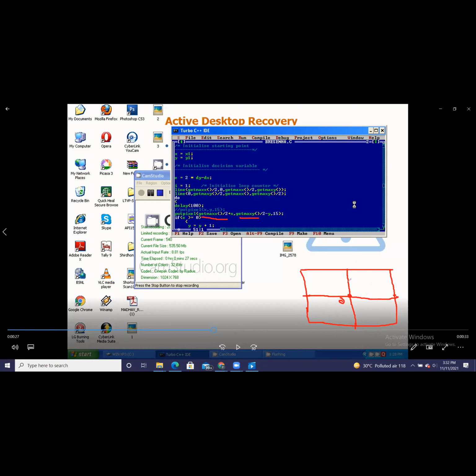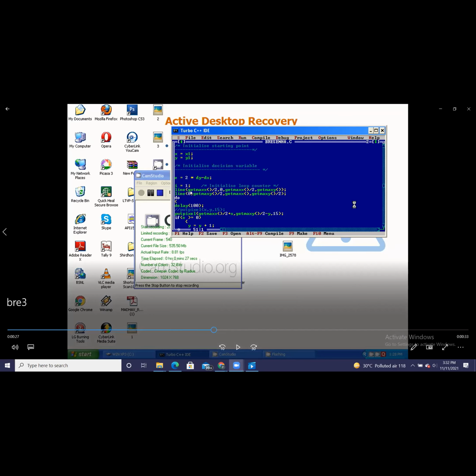Getting this? So with respect to 4 quadrants, I am going to draw the line. All other parts are the same. I have not made any changes in the algorithm so far, only performed the modification, that is, divided the screen into 4 quadrants and added getmaxx by 2 and getmaxy by 2 while putting the pixel.